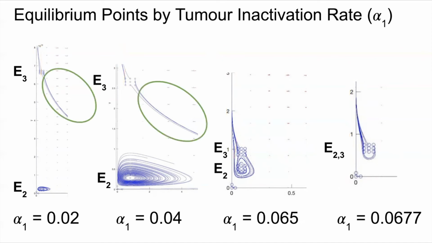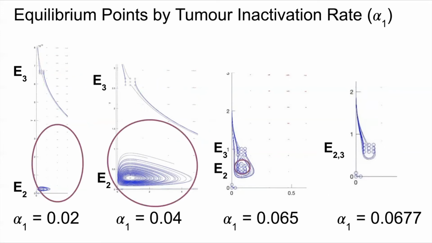Zone 2, which represents the CAR T cell population dominating, moves away to the right, and you can no longer see it on this equilibrium point phase plane when you get to the higher tumor inactivation rate values. And finally, zone 3, representing the relapse cases, shrinks until it disappears.